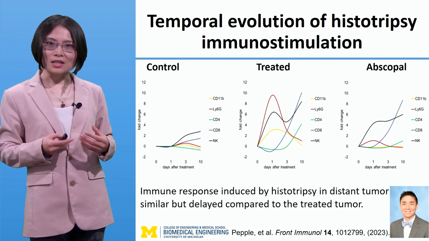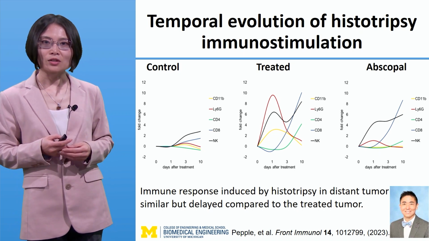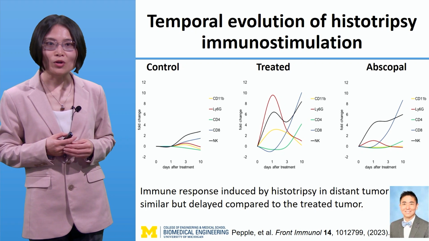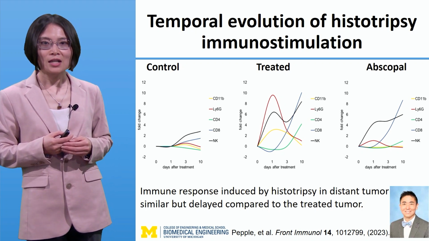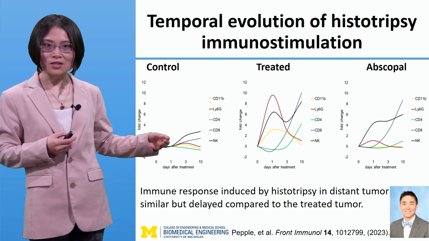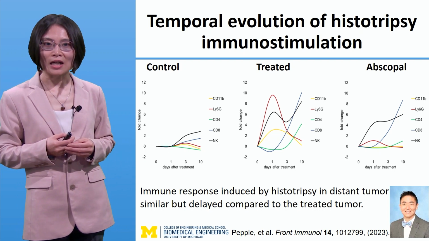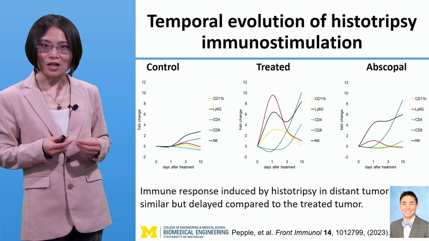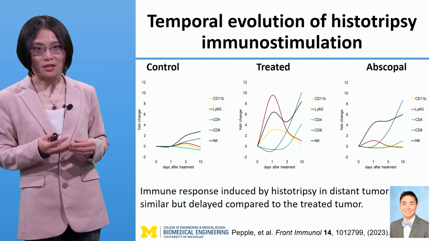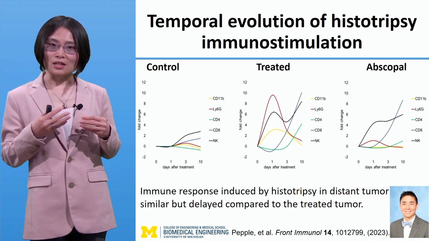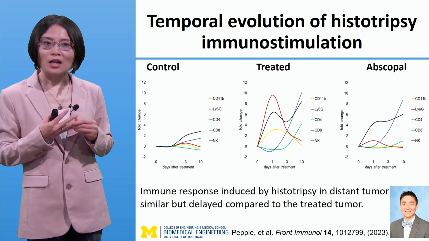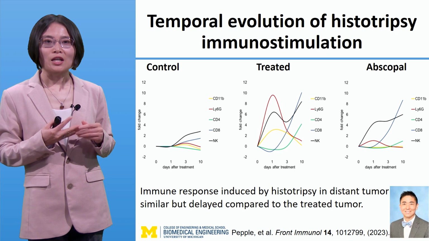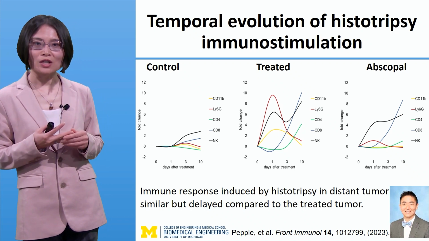So he also studied, using that tumor model, the temporal evolution of histotripsy immunostimulation. In the treated side, as you can see, the data showed that histotripsy significantly changed the T cells, natural killer cells, inflammatory cells, and neutrophils.